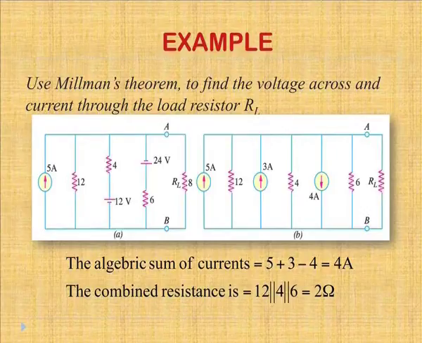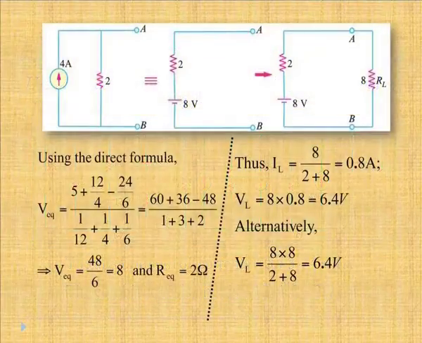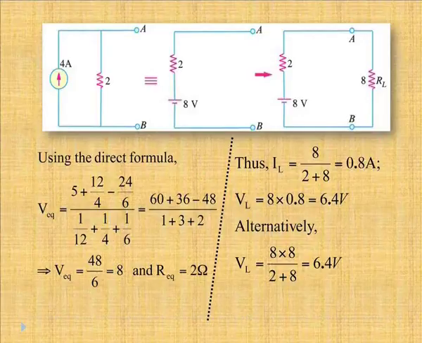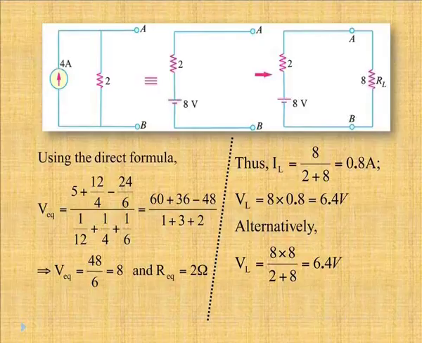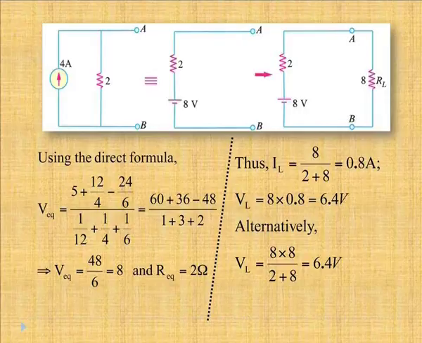Now, we can find the equivalent resistance by connecting them in parallel. So, we get 2 ohm, and then we can convert this equivalent current source into the equivalent voltage source by multiplying 4 by 2. So, we get our voltage source equivalent circuit as calculated by these equations.